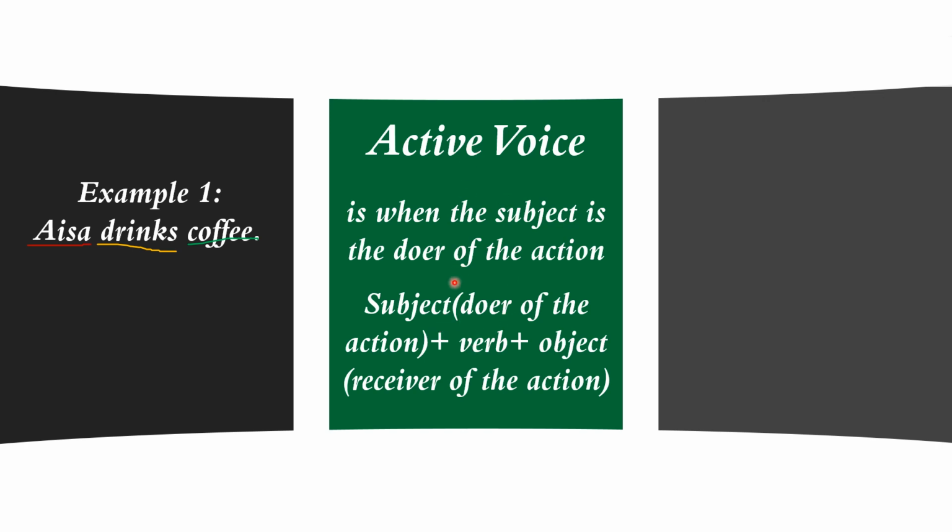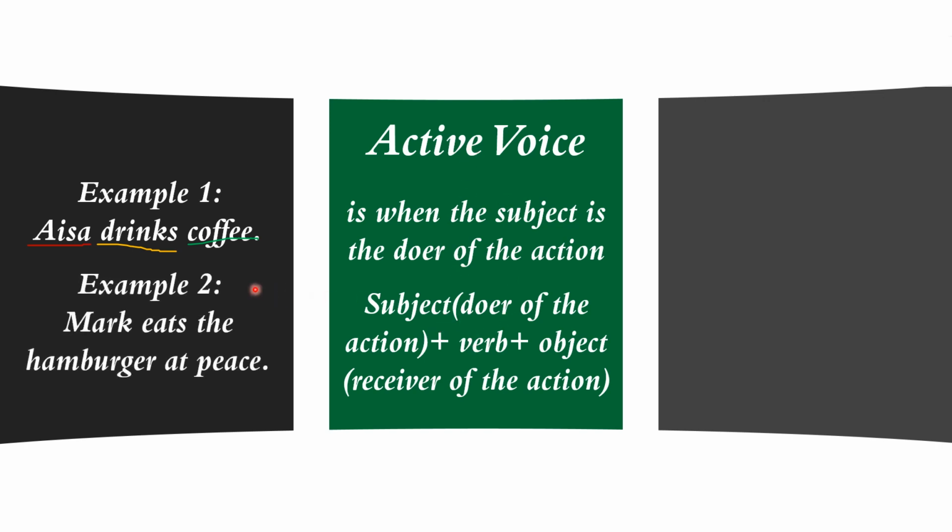So, as you can see, this one strictly followed the formula of active voice. However, if we have another example, which does not exactly follow the formula, it is still the same as the first one. First, we are going to locate the verb. What is the verb in the sentence? Eats. Very good.